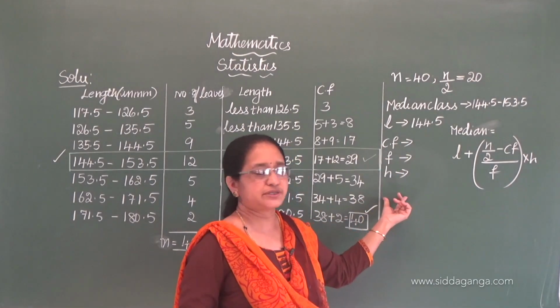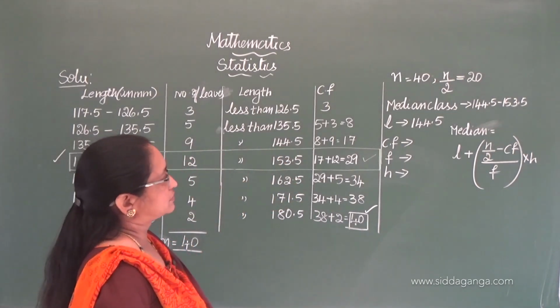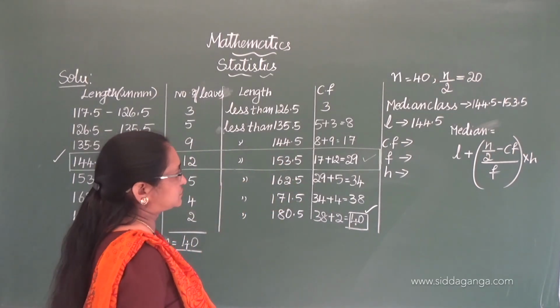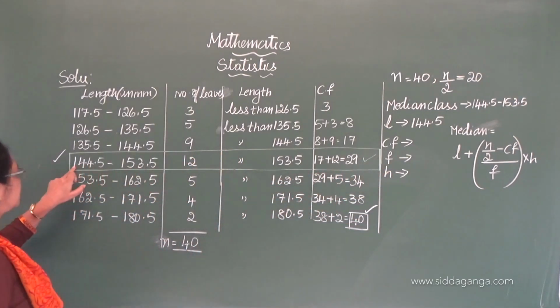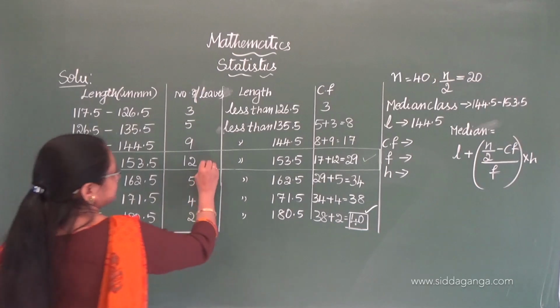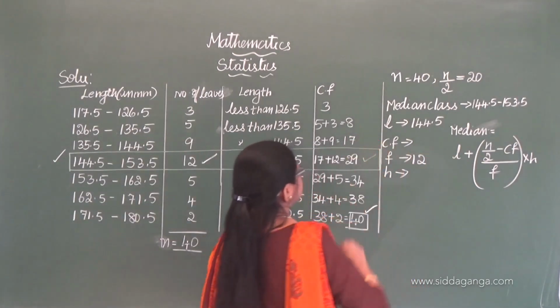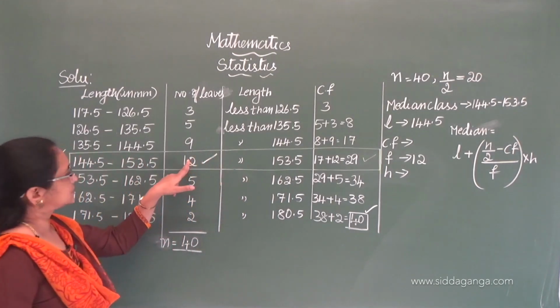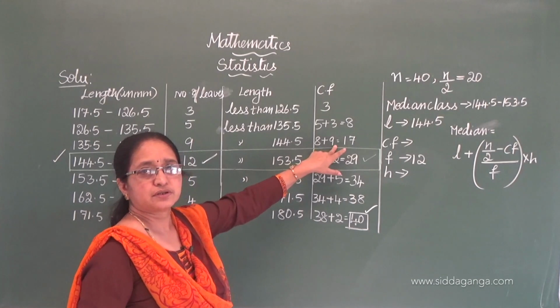If you have this formula on hand, directly you will get the terms which you need to find out. Now, cumulative frequency I told you in the previous sum. F is the corresponding frequency of the median class. So, F is how much? 12. Then what about cumulative frequency? Cumulative frequency is this one, 17.